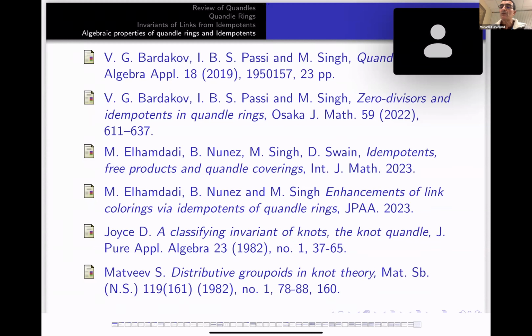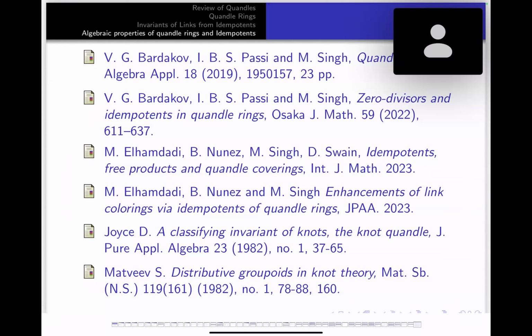He has a nice paper in which he defined coloring invariants with topological quandles. Yes, this is a good question. It's natural. Is there a particular reference about this? A particular reference about where the quandle ring is considered as a topological ring? No, I don't think anybody has investigated this yet.